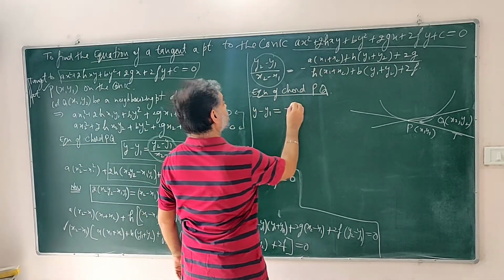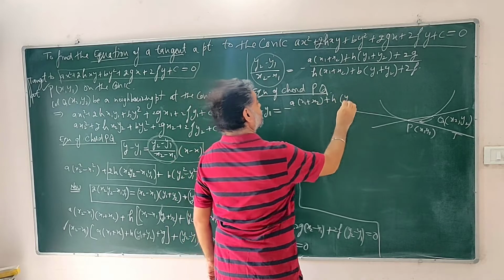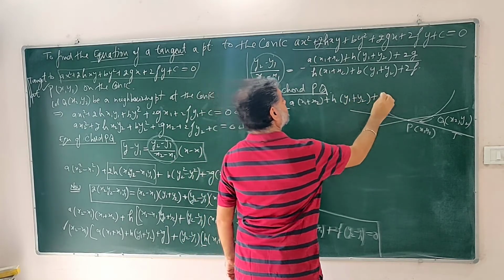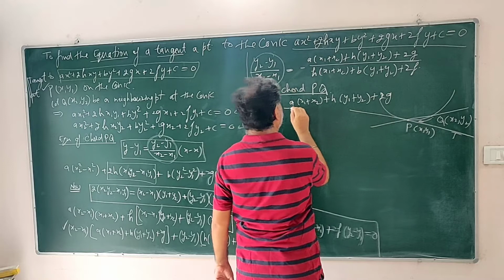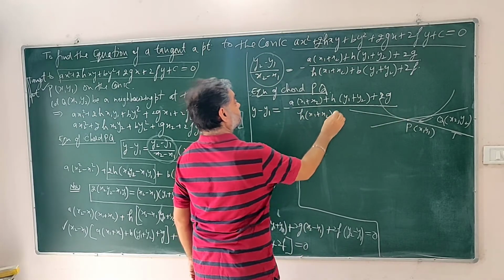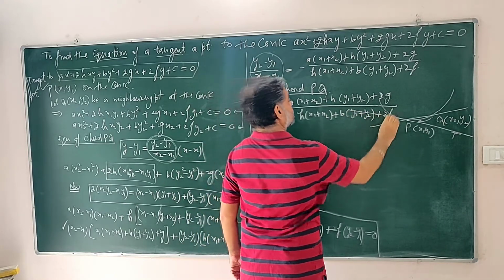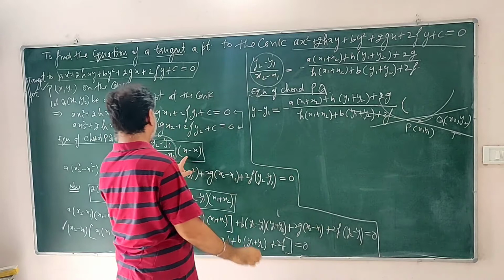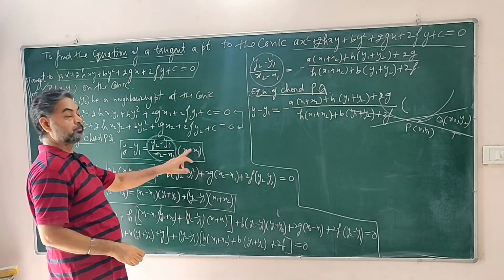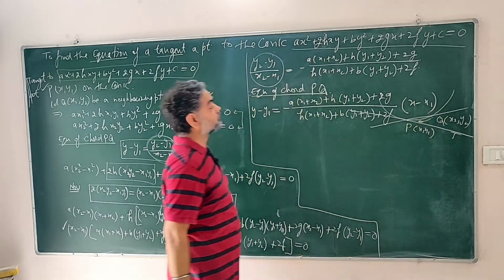So this is equal to minus [a(x1 plus x2) plus h(y1 plus y2) plus 2g] divided by [h(x1 plus x2) plus b(y1 plus y2) plus 2f] into (x minus x1).